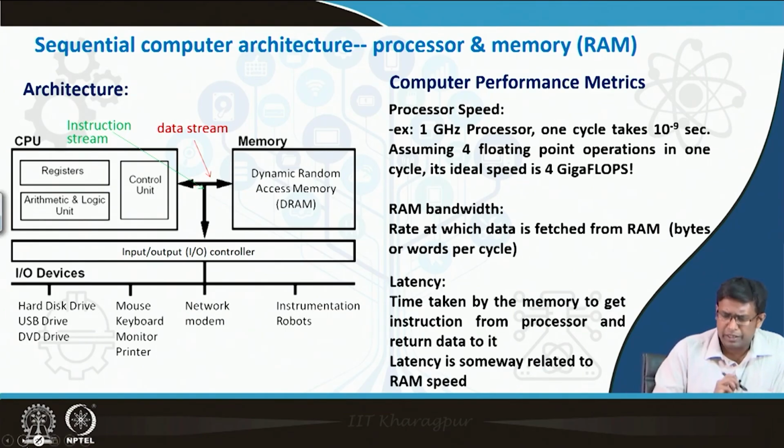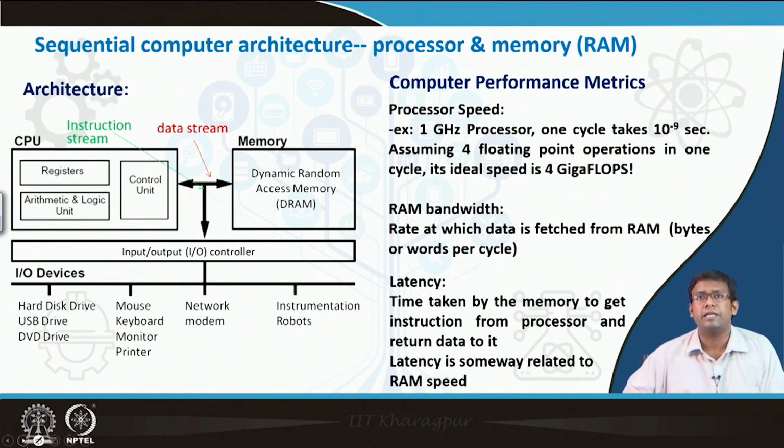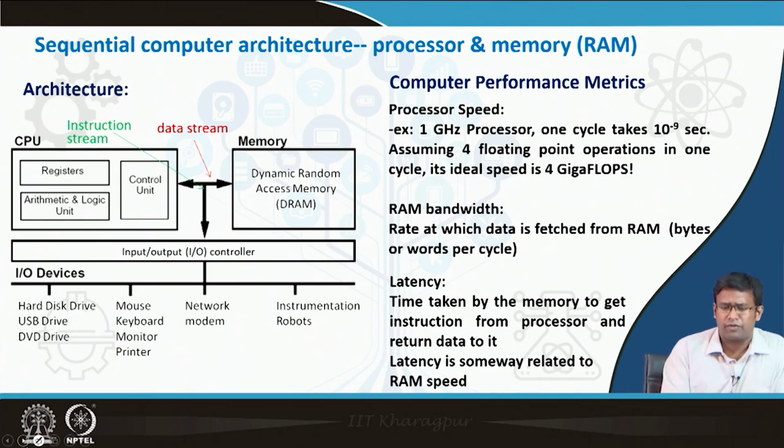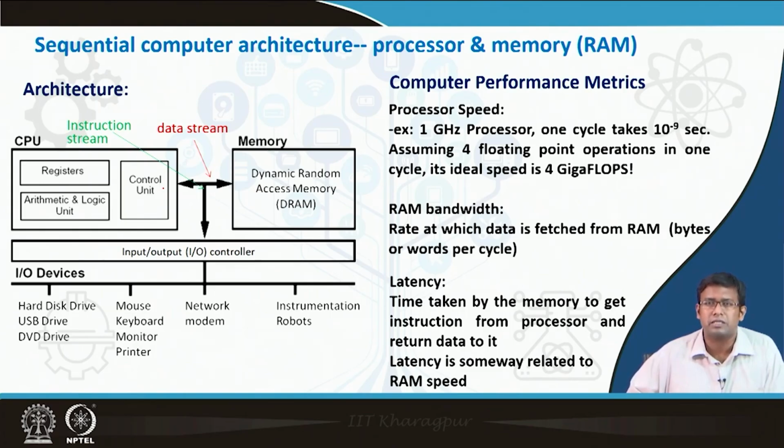It is given as how many bytes or how many words are fetched in each cycle. That is the bandwidth. And the next important thing is latency: the time taken by the memory to get the instruction from the processor and return data. So memory gets the instruction from the processor that it needs a certain amount of data, memory returns the data to the processor, and this is done through the connectors, PCI bus, etc. How much time is required for that?